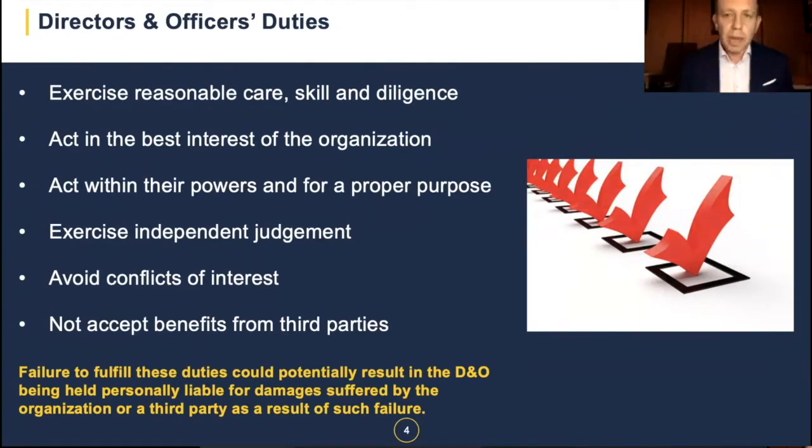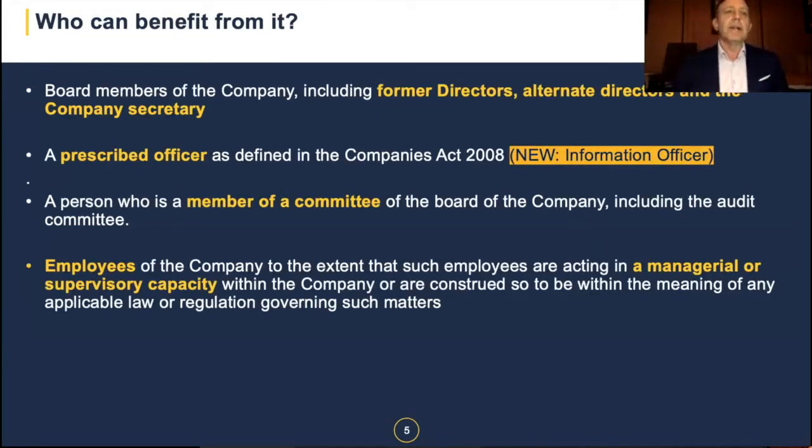It could be a customer, a supplier, it could be even an employee that loses their job because the company's gone under because of a bad decision that was taken by the director. So when we look at those wrongful acts, that will tell us whether or not the director is going to have cover under the policy. Sounds complicated right now. Hopefully it'll become clearer to you as we go through the presentation.